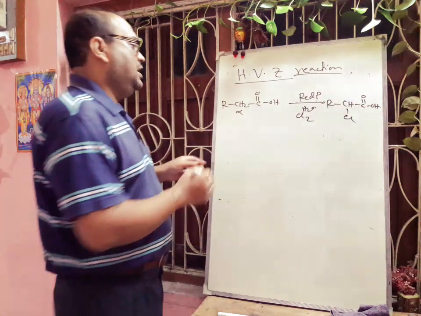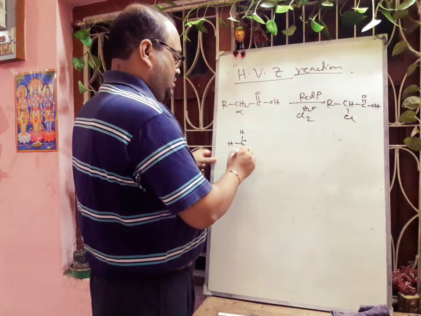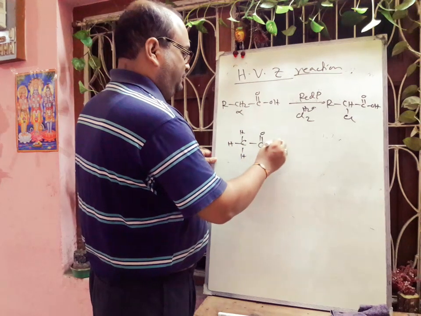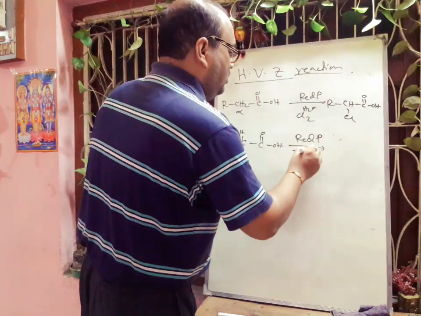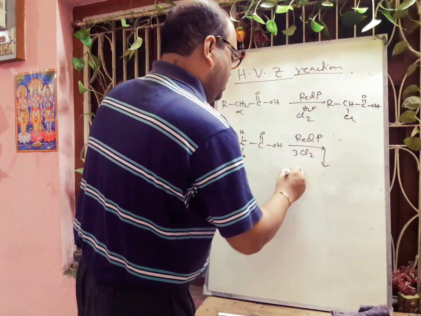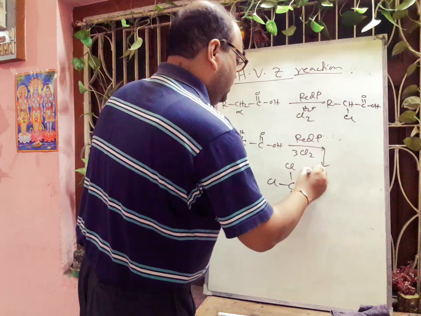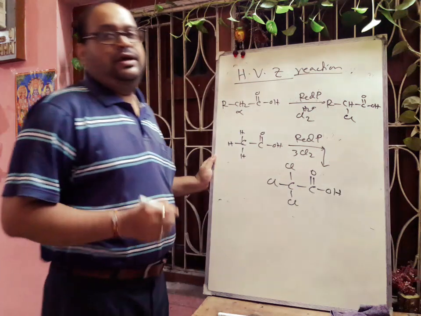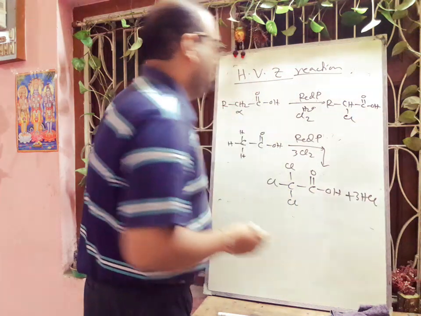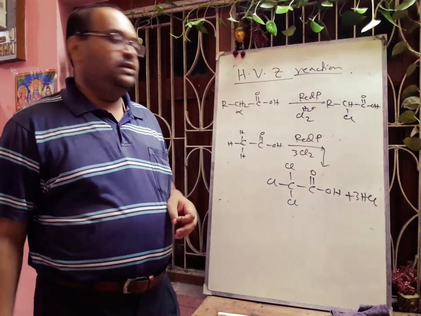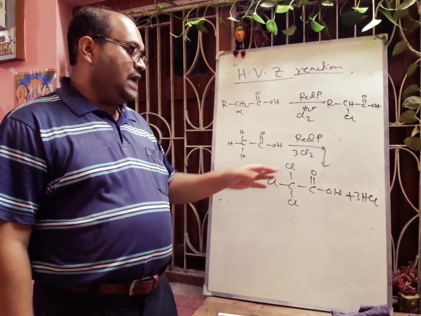That means if we take CH3COOH, and give red phosphorus and 3 moles of chlorine, then all hydrogens will be replaced by chlorine step by step, and we will get trichloroacetic acid. In this way we can easily prepare trichloroacetic acid by this HVZ reaction.